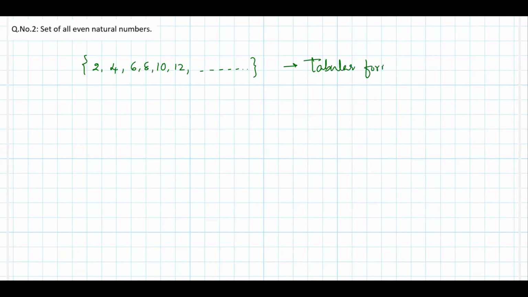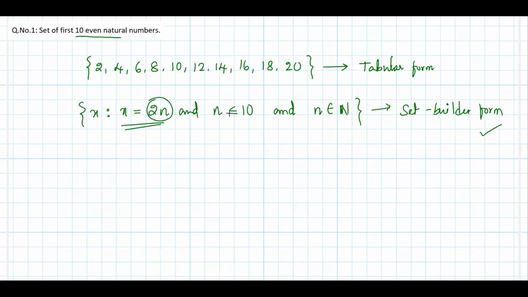So how do we represent this tabular form in set builder form? The same thing. The expression is simple: 2n, multiples of 2, and n belongs to natural numbers. But in the previous question, we kept n less than or equal to 10 because we needed the last element. It is finite, so there is an end, and we wanted to take a maximum of 10 natural numbers, of which the 10th element is 20.